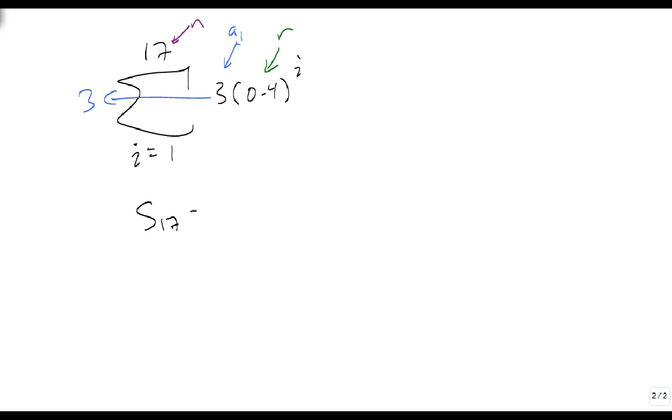So S17 is equal to a1, which is 3, times 1 minus r, which is 0.4, raised to the 17th, divided by 1 minus 0.4.